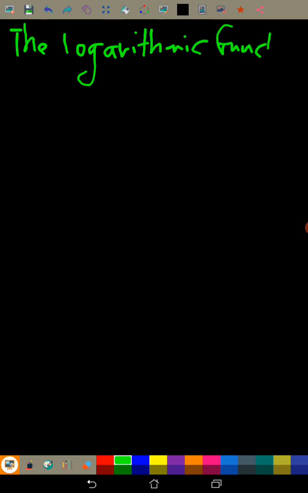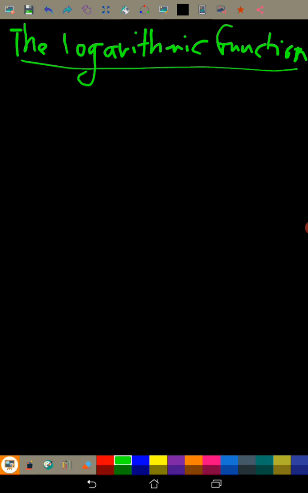Let's see. All right. The logarithmic function. Let's talk a little bit more about the logarithmic function, because differentiation is one thing, but the function itself is very interesting to know: what it is and how we use it.